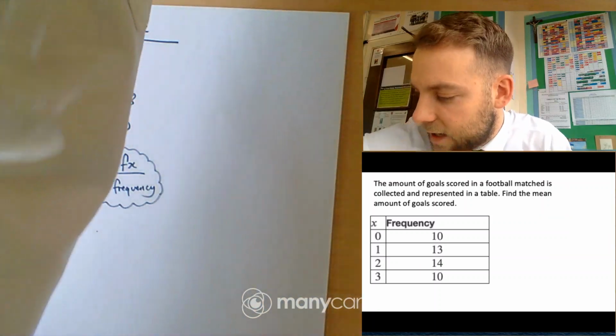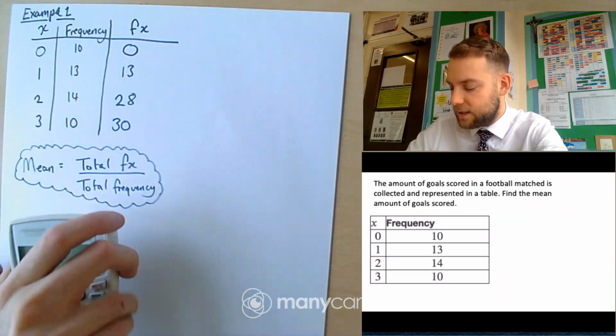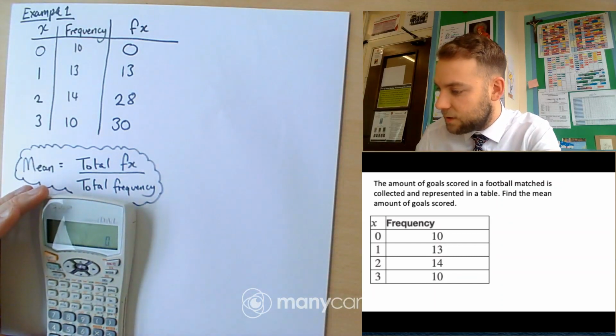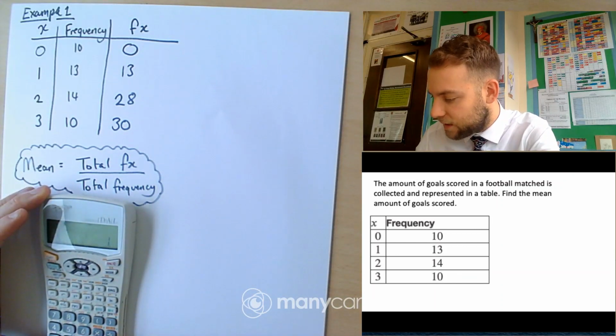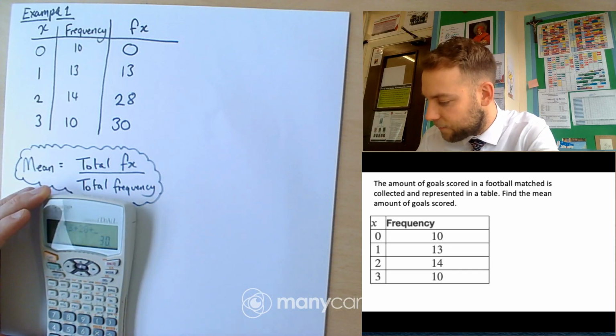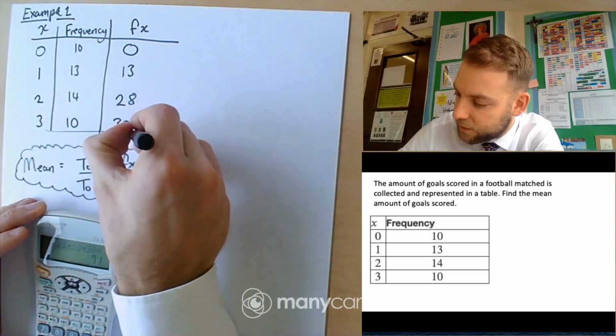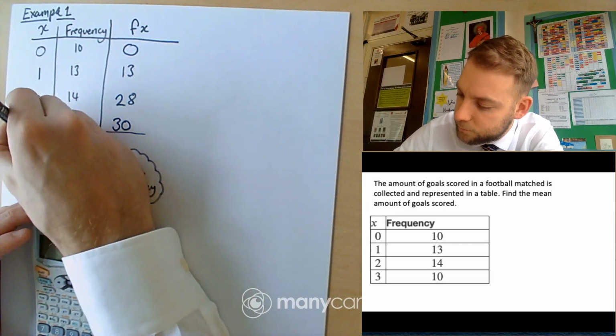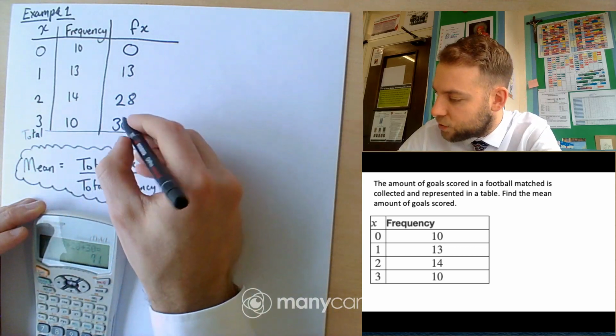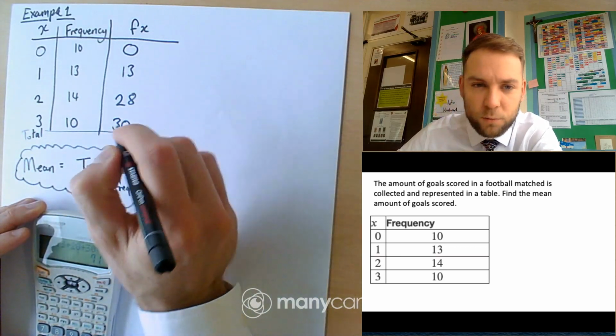So in this case here, let's find out what my total FX is. So 0 plus 13 plus 28 plus 30, which is equal to, we can put our totals down here, probably should have left a little bit more room. Total, well, the total of our FX is equal to 71.